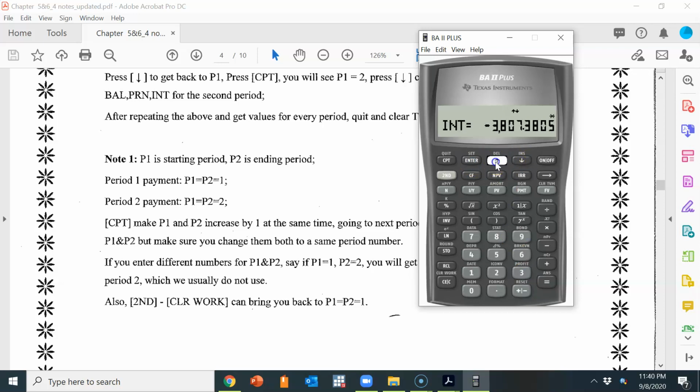If we want to know the amount, for example, in the 5th year, we just enter P1 as 5, enter, down button, P2 as 5, enter. So P1 and P2 are both 5 right now, and we can press the down button to see the values. We can also change it back to 1 by pressing 1, enter for P1, down button, 1, enter for P2 as well, down button, all the values.